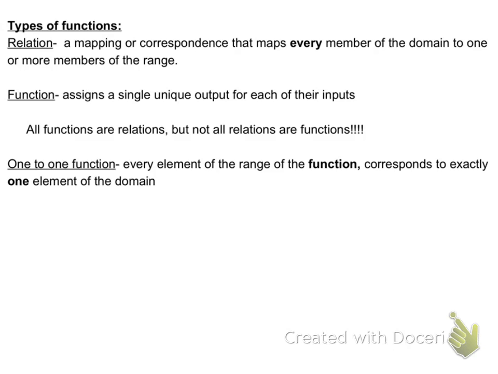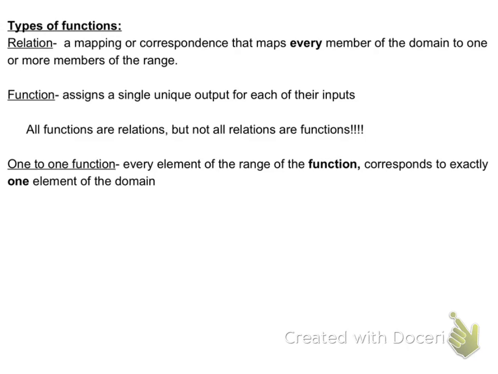Then we move to the next level and say, is it a function? And a function, guys, remember, assigns a single unique output for every input. Exactly one output for every input. We talked about that earlier today. Here's a cool thing. All functions are relations because they make inputs go to outputs. But not all relations are functions.